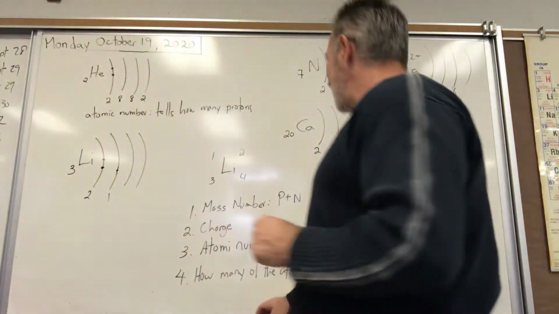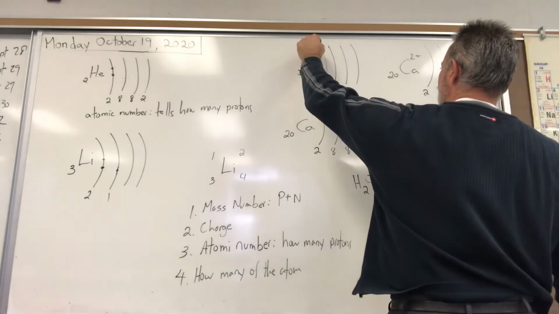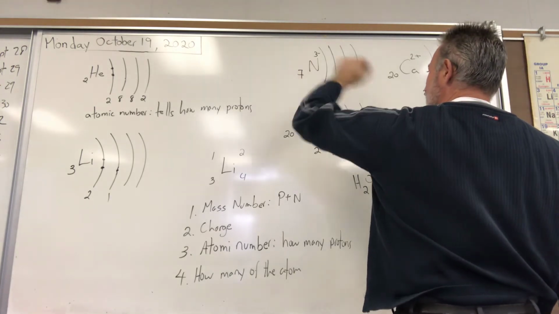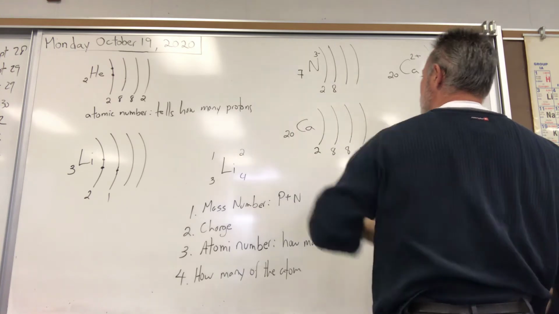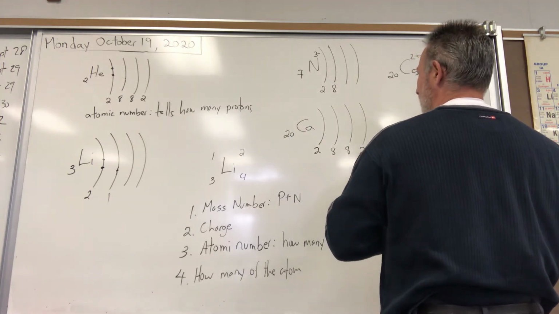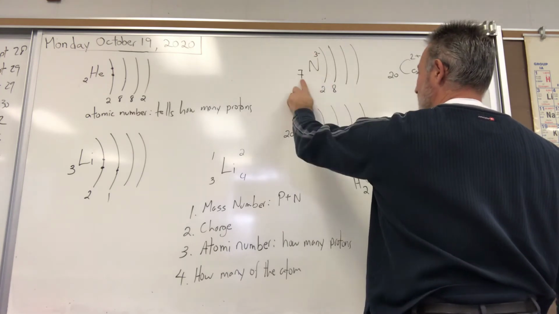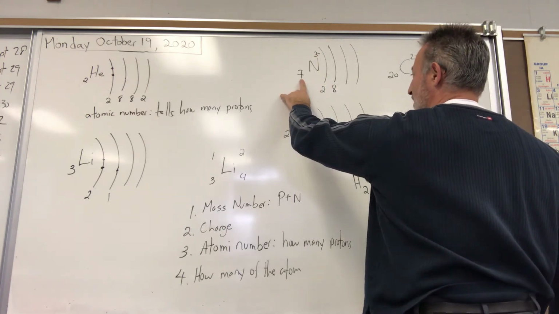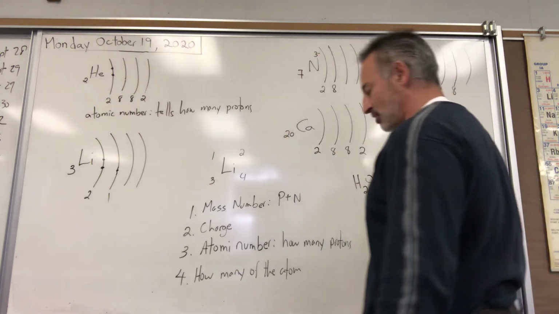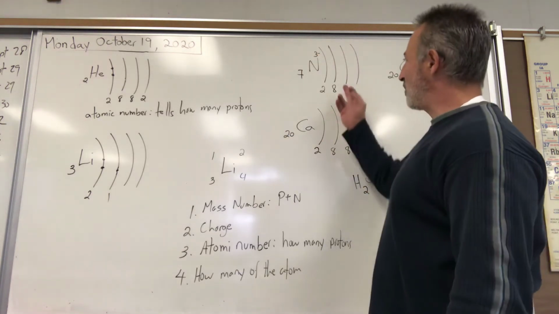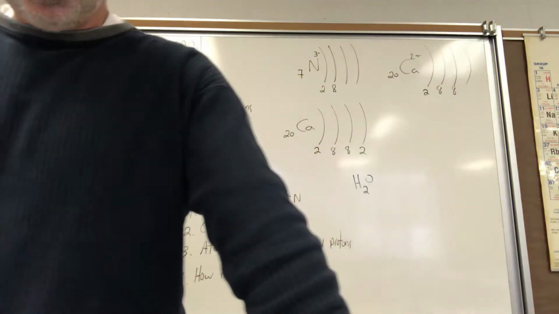If you, for example, take nitrogen, and nitrogen can be nitride, where it has a -3 charge, then it has extra 3 electrons. So that would fill up this shell, and this shell would end up having 8. So there's 10 electrons in nitrogen with a -3 charge, because since there's only 7 protons, how are you going to get a -3 charge? By having 10 electrons. And that would be the configuration of the nitride anion.